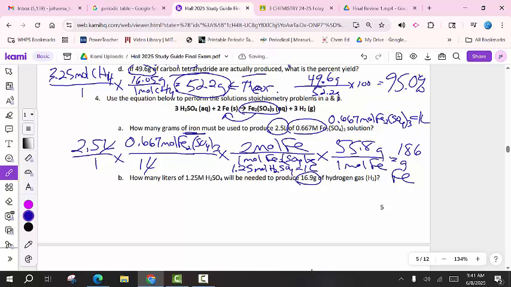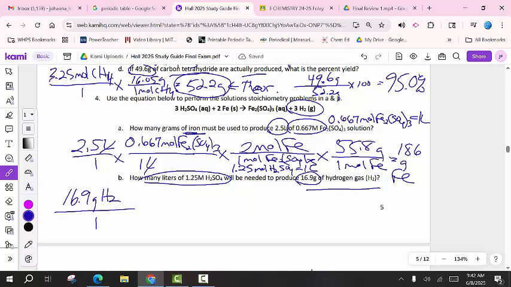In the next problem, they give me a certain amount of hydrogen gas, 16.9 grams of H2. So I'm going to start with that and put it over 1. The question's asking for what volume of this solution is needed. So I'm going from the hydrogen, which is a product, to the H2SO4, which is a reactant.